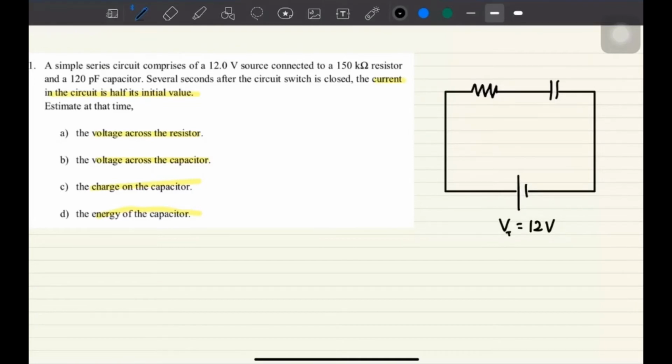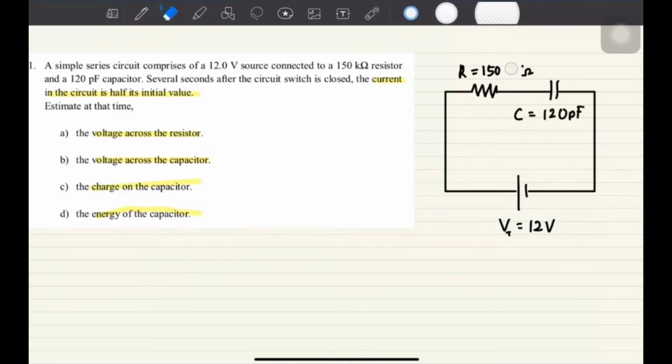Ya, label VT lah, V terminal. And then connected to 150 kilo ohm. So that one will be your R. And then you have a capacitor, 120 picofarad.